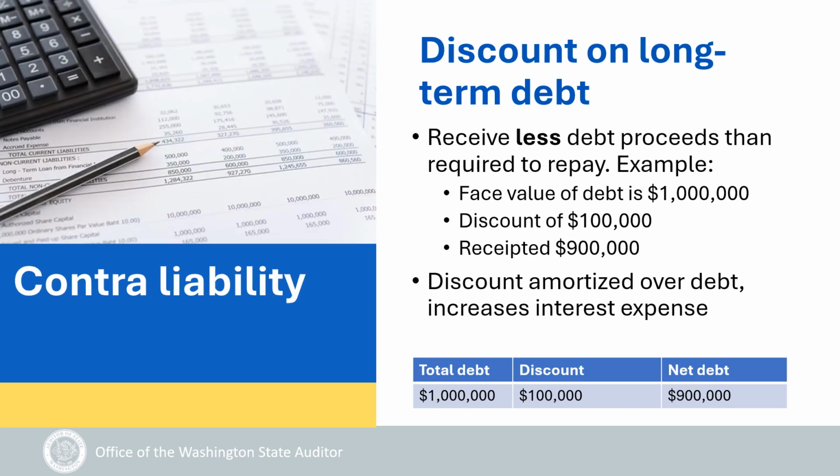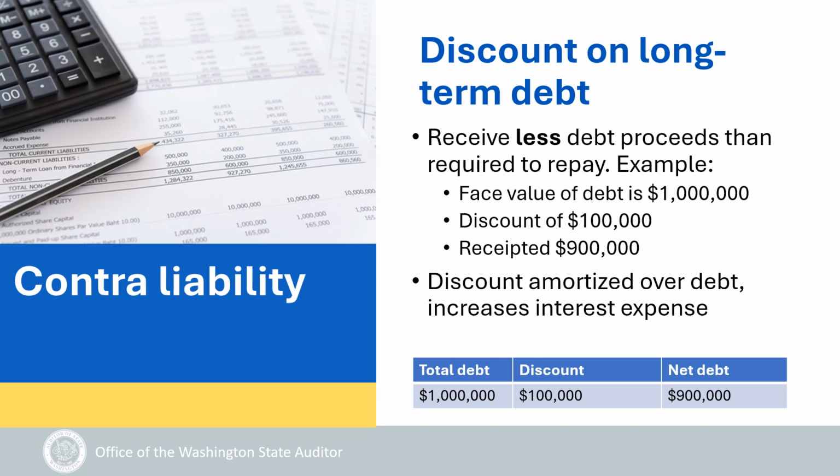On the flip side are discounts. This is when the government receives less proceeds than the face value. For example, if they issued a bond with a face value of $1 million at a discount of $100,000, they only get $900,000 in cash. They are still required to repay the full $1 million though.